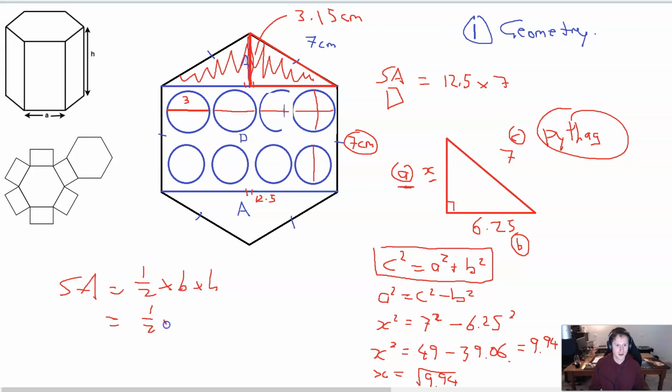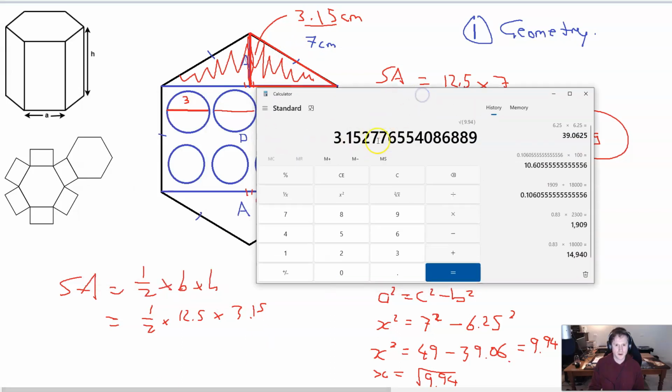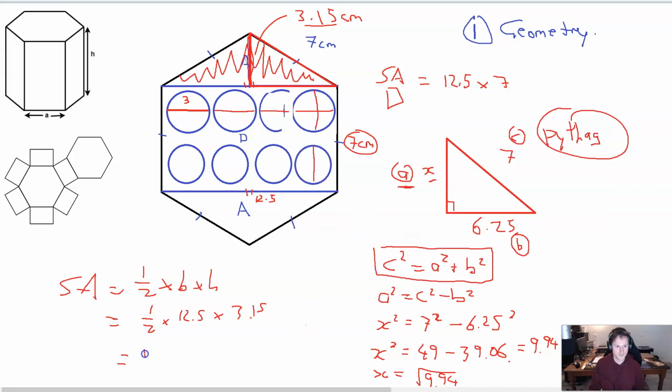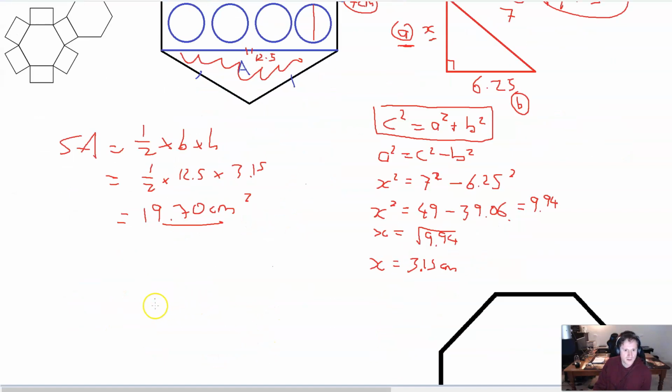So half times by the base, so the whole thing there, the base is 12.5. And the height is what we've just figured out, the 3.15. Okay. So I can use my non-rounded off version to be more accurate. 12.5 times 0.5 times 3.15 gives me 19.70 centimeters squared.